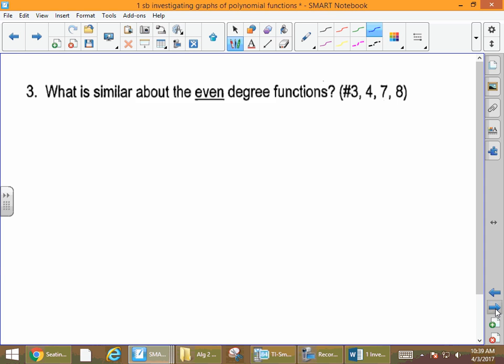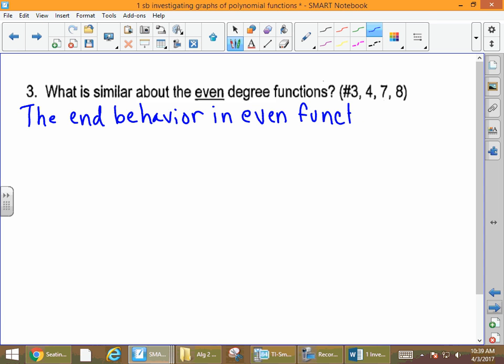Let's be specific and look at the end behavior. The end behavior in even functions, it's either both going to go to infinity or both go to negative infinity.